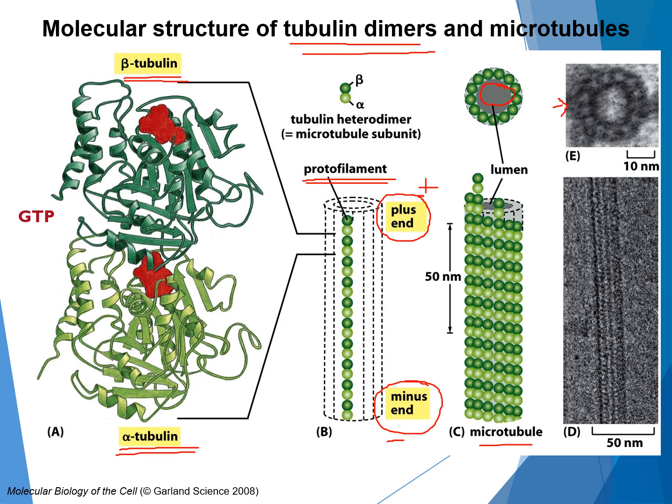The transverse orientation of microtubule will show something like this, and you can see a globular protein over here, and that is the alpha and beta tubulin. From the side longitudinal view, we can see that it has this lumen in the middle of the structure.